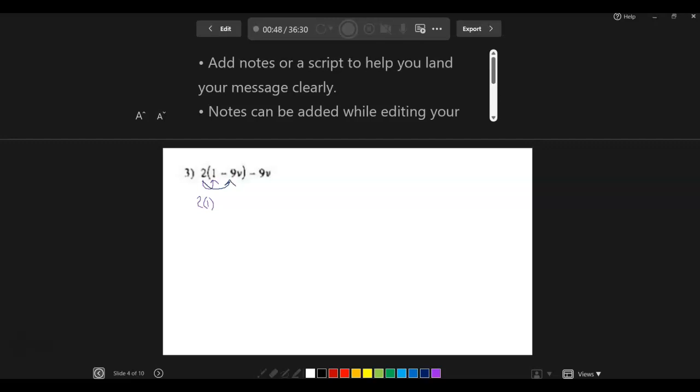That's a minus 9v. But I want you to remember that when we're multiplying integers here, we have a positive 2 times a value here. So we've got to take this minus sign and think of that minus as a negative 9v when we're multiplying it times this integer out here.